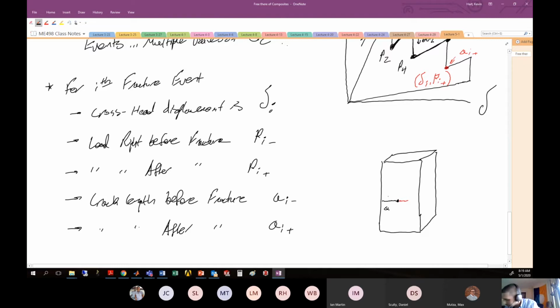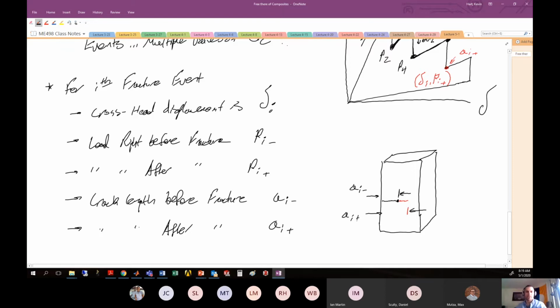God, it's kind of hard to show this. The total crack length, Ai minus, for the ith event. And then right after the crack is propagated, we have this length here, which is Ai plus.